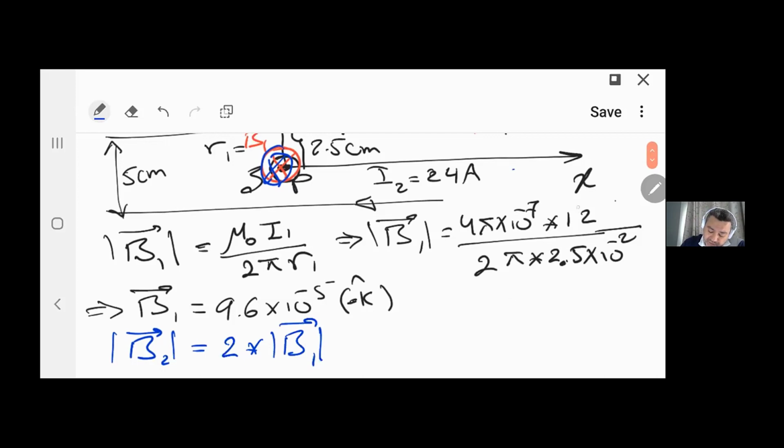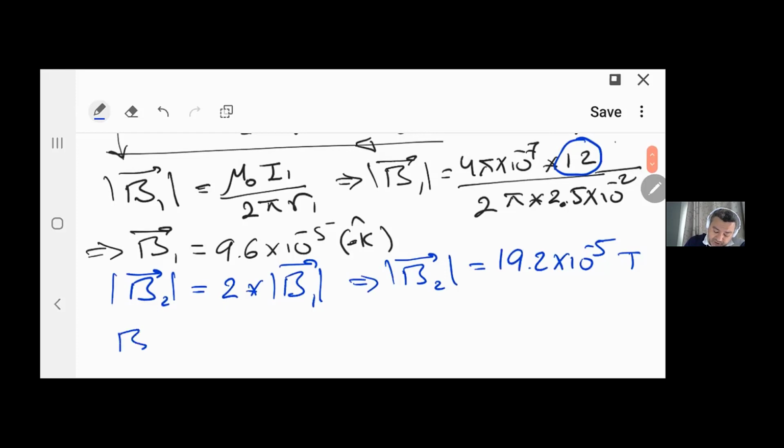The only difference here in magnitude would be, instead of 12, it will be 24, and that's why B2 in magnitude equals 19.2 10 to the power minus 5 Tesla.